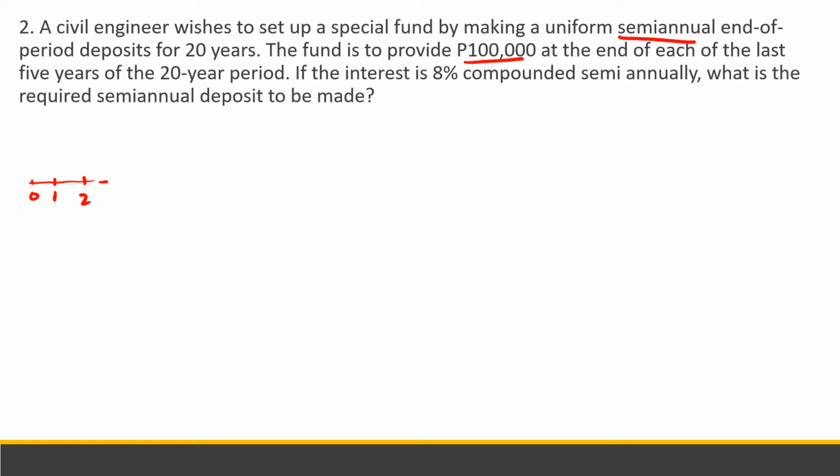So this means na the n here is 20 years times 2 equals 40. So 40 periods. So since twice a year siya magbibigay, so meron tayong 20 period.